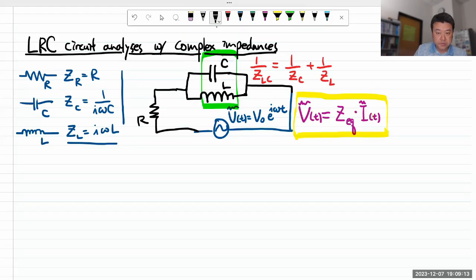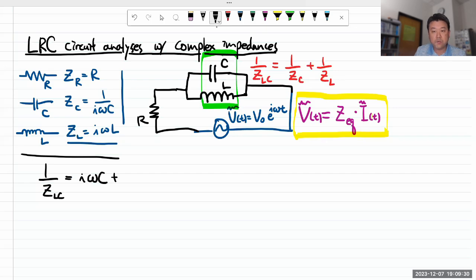Let's write that out. So I have 1 over the equivalent impedance of just the inductor and capacitor is 1 over i omega C, just i omega C, plus 1 over i omega L.